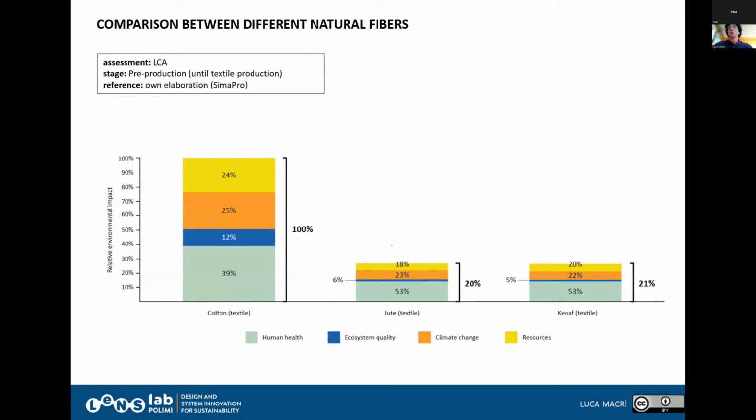And now let's try to understand and make some comparison between fibers. So, for example, here we see, it's not a complete life cycle assessment, but it's an evaluation related to just the pre-production of three materials. We have cotton on the left, we have jute, we have kenaf, and we see how much more cotton is impacting.